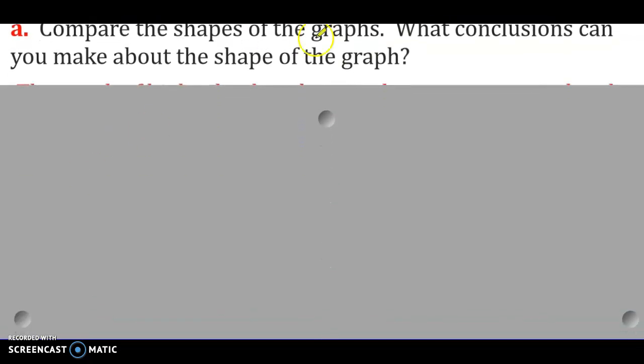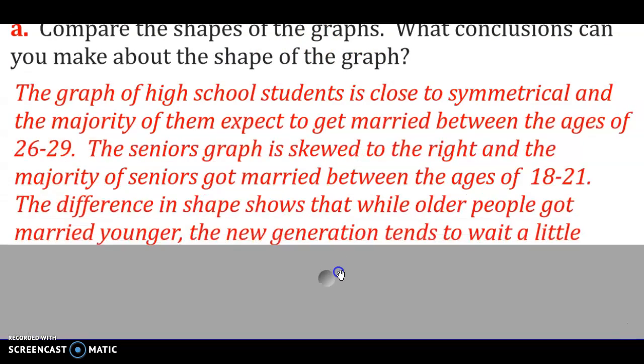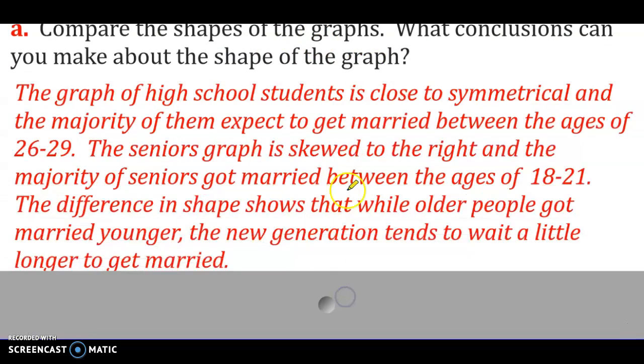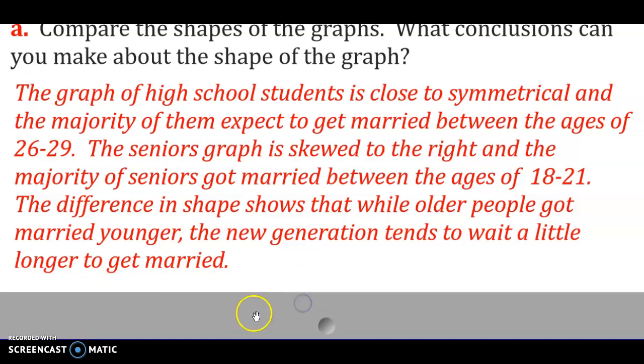Anyway, here's a nice write-up discussing this information even more. Again, the majority was symmetrical. The majority of them expected to get married between 26 and 29. Seniors was skewed a little bit to the right because there were a lot of people that got married older. And also you've got that group that was getting married younger.